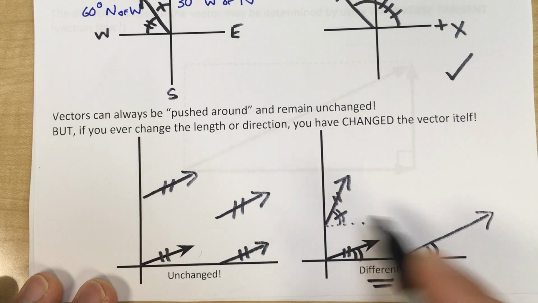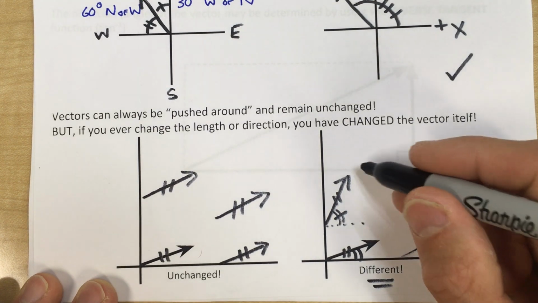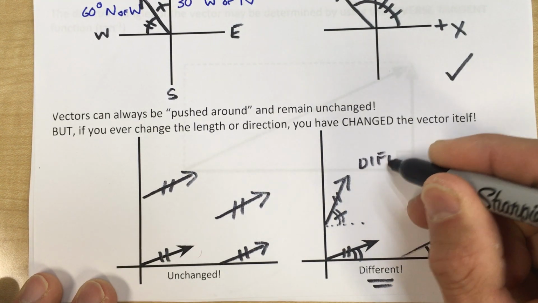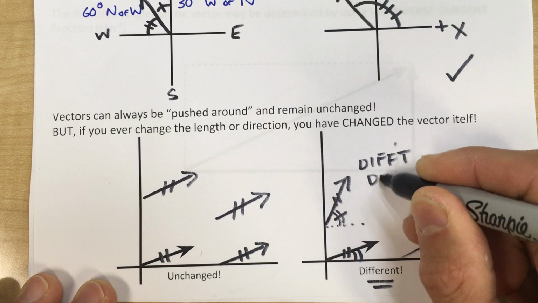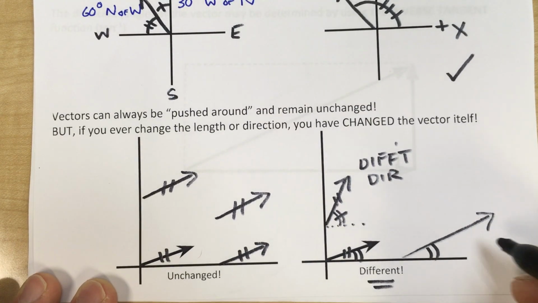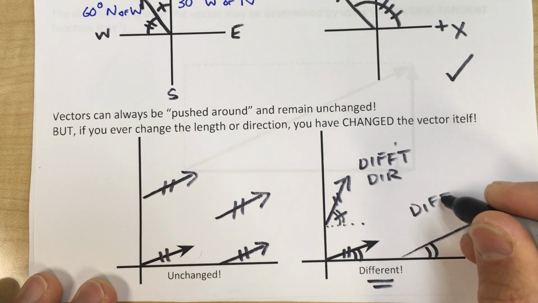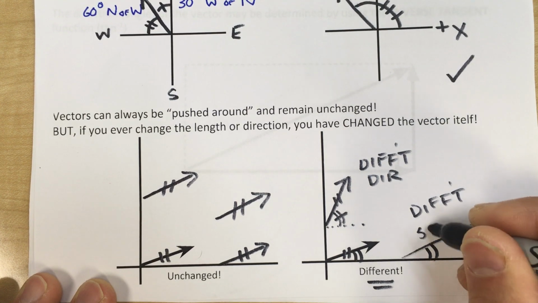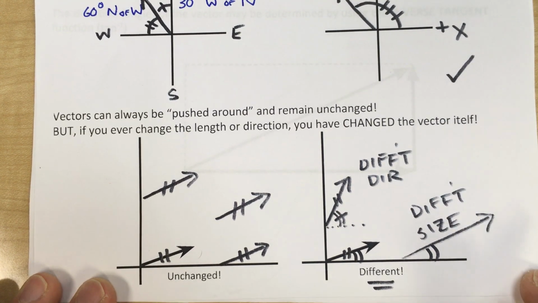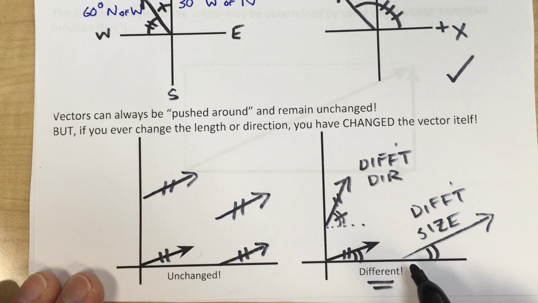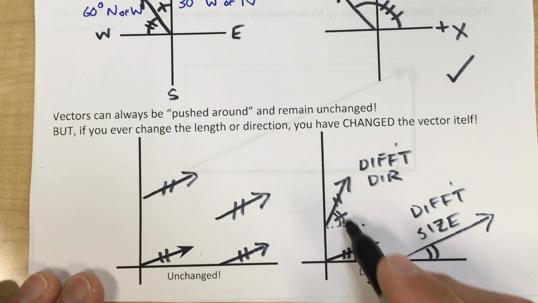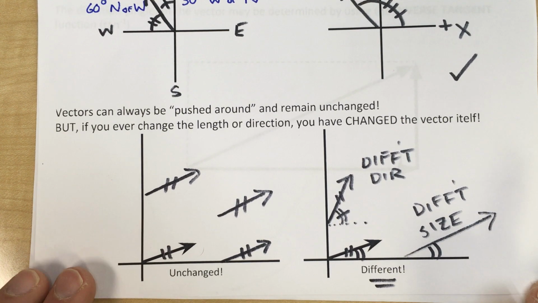So these vectors are all different. In this case, it's a different direction. In this case, it's a different size. If you stretch a vector, or squeeze it, meaning you change its length, you change the vector. Or if you twist the vector, you also change it.